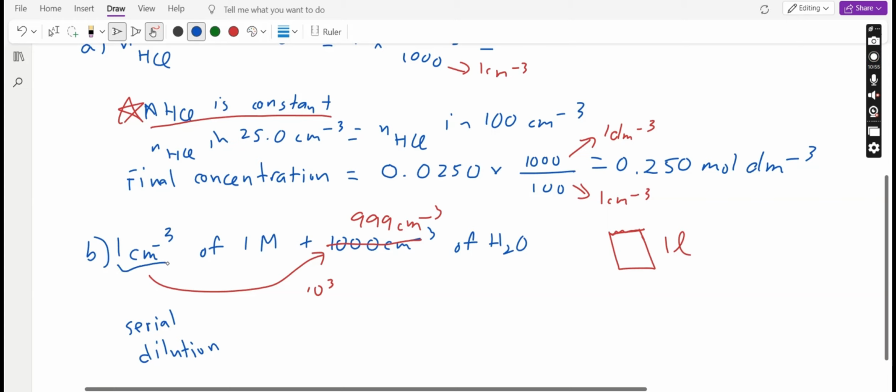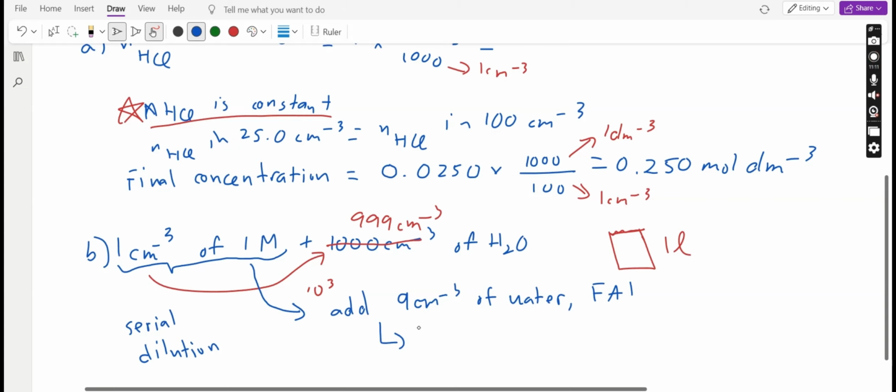So from 1 cm cube of 1 M, you add 9 cm cube of water, and then you label this as Fa1, and then you take 1 cm cube of Fa1, you add another 9 cm cube of water, and then that becomes your Fa2.